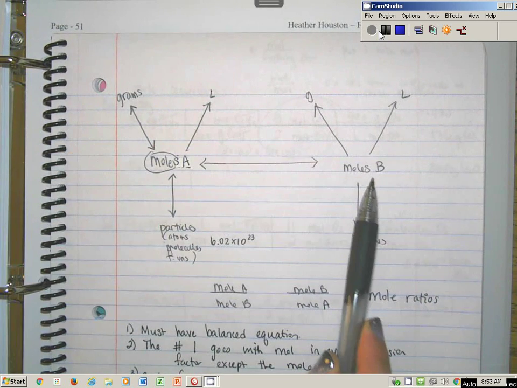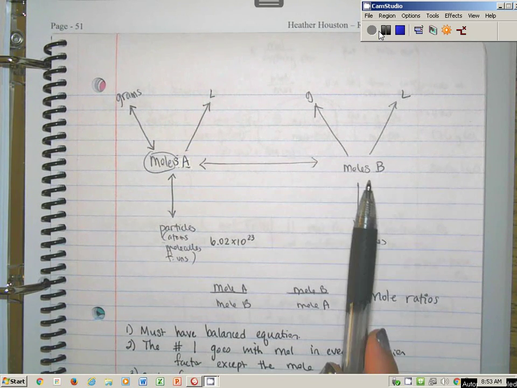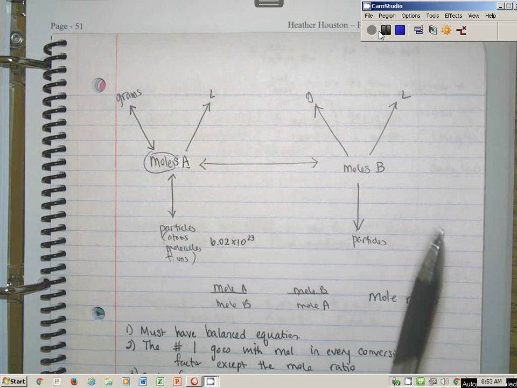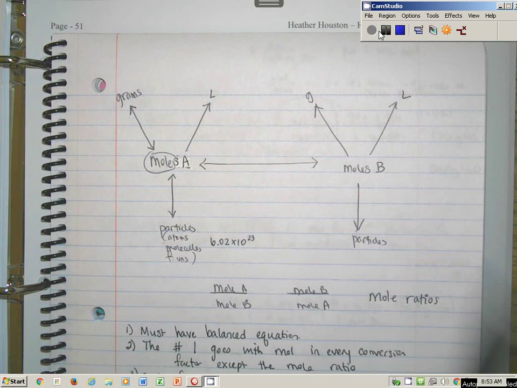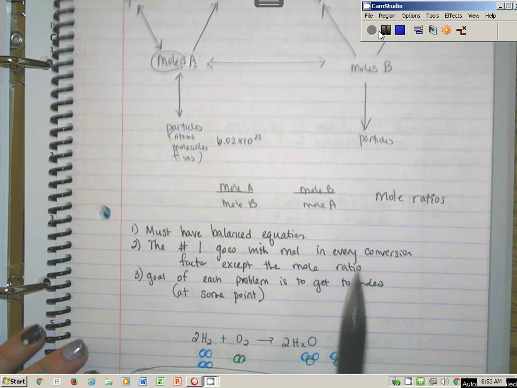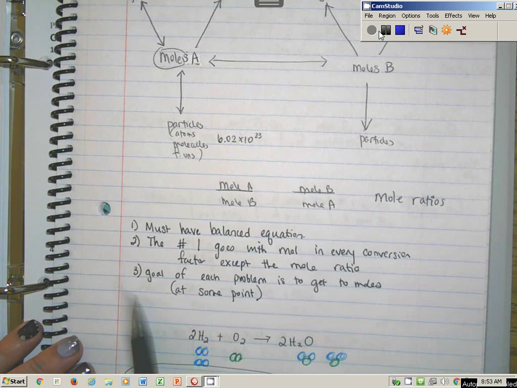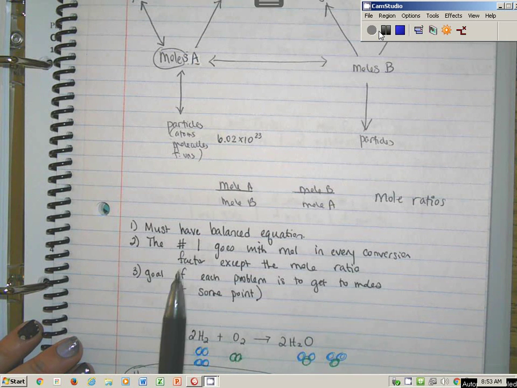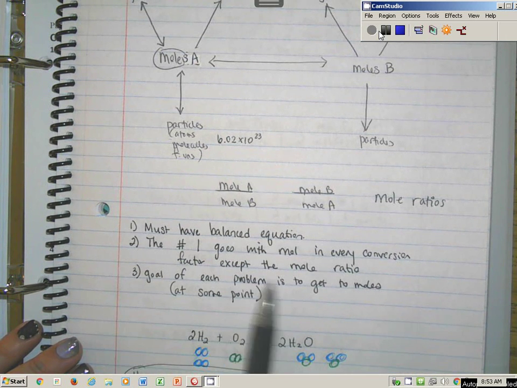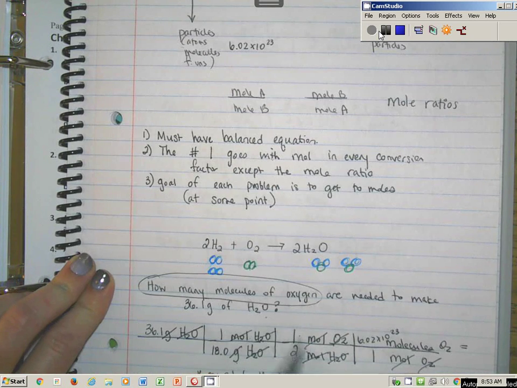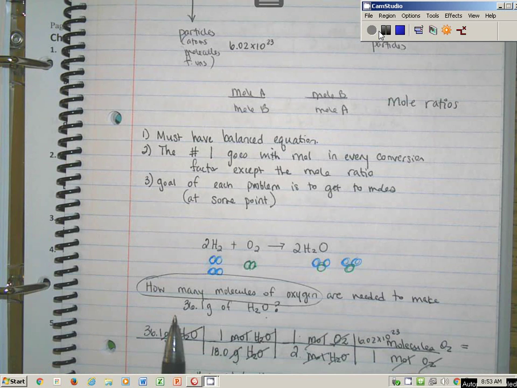We could calculate it, but are there a bunch of different ways that this could be worked? I can't work one of everything. There is a general process. And if you know some of these tips right here, things like that the one goes with everything except for mole ratios, and where you come up with these numbers in the mole ratio from, if you know the general plan, you could do whatever is asked of you.